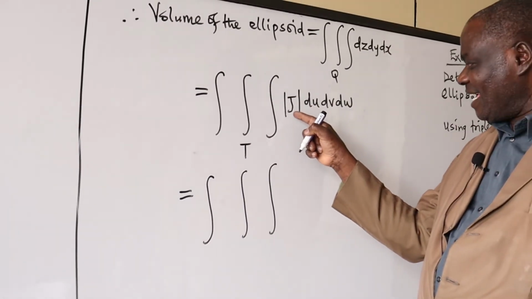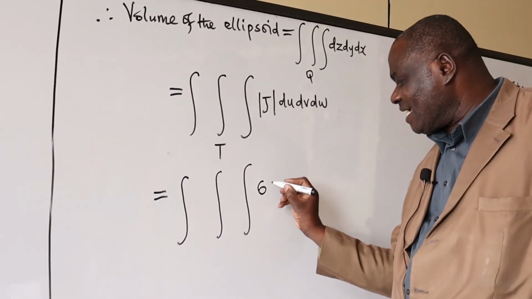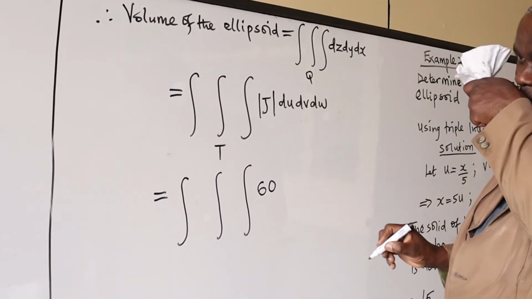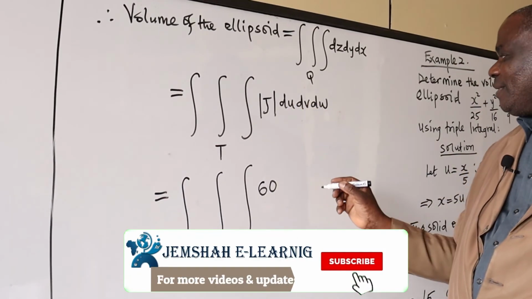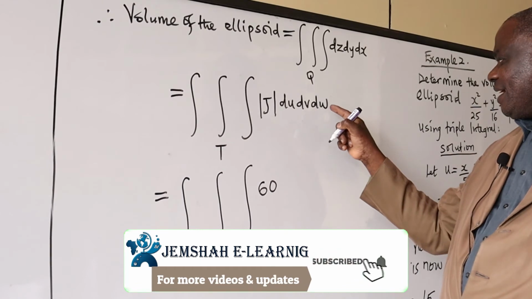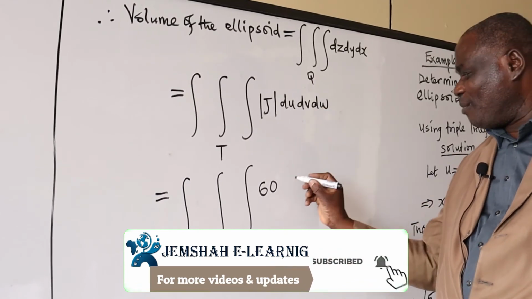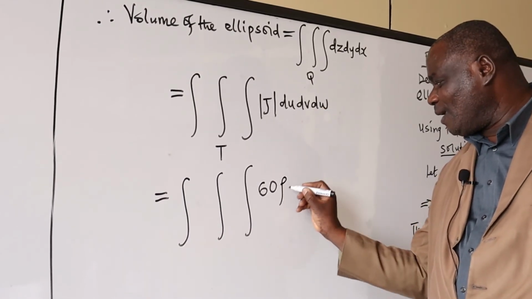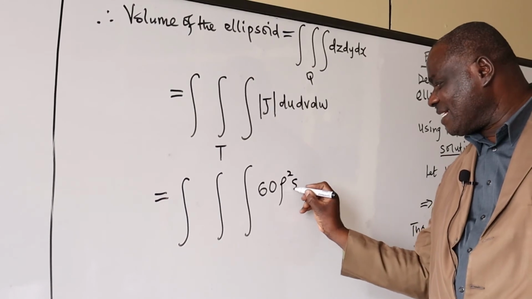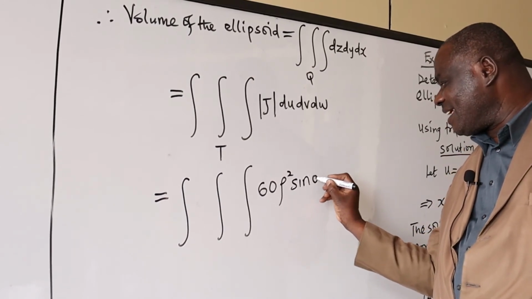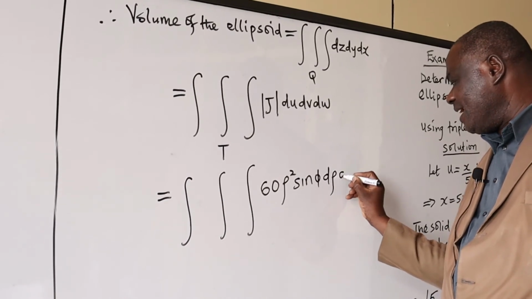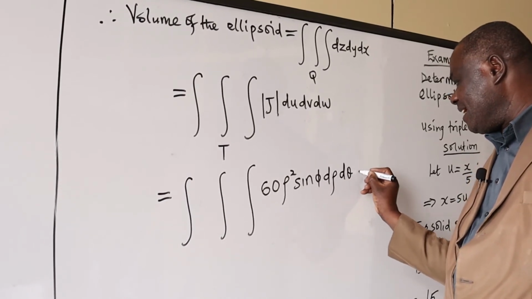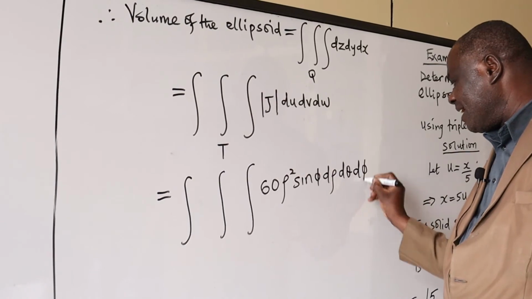So the J here was 60. Since our J was 60, du dv dw will now be equal to rho squared sine phi d rho d theta d phi.